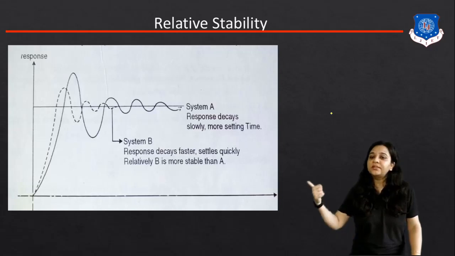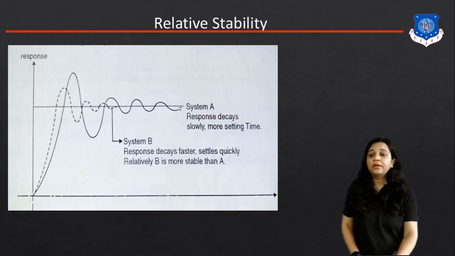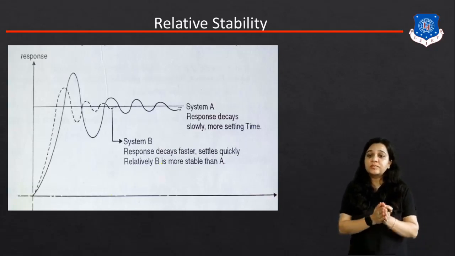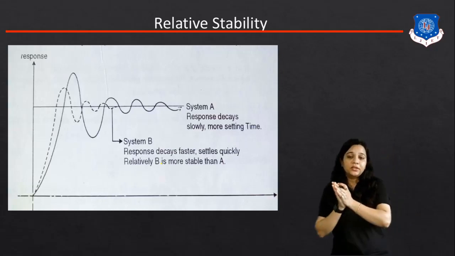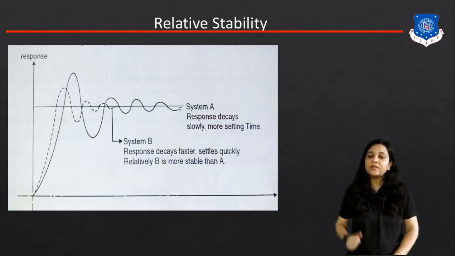In system B, the response decays fast, so it settles quickly compared to system A. If we draw system C, and its response is faster than system B, then the settling time of system C will be less compared to system B. So depending upon the output response, we have defined relative stability.